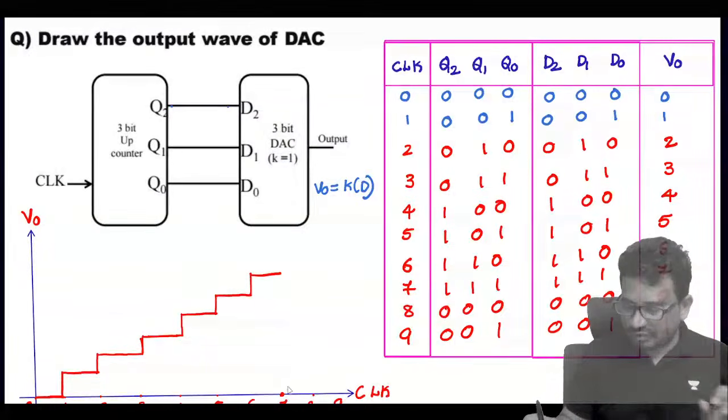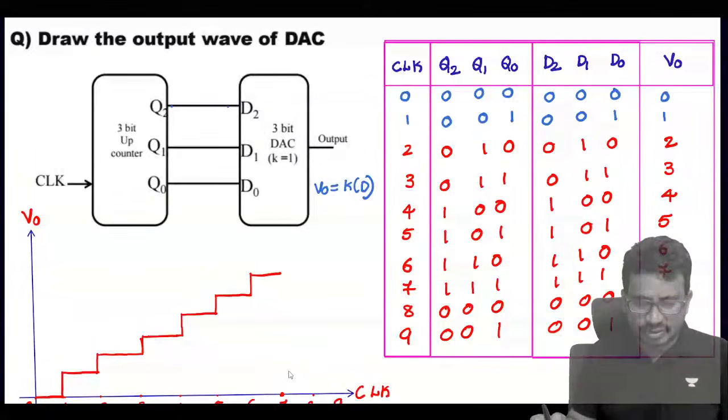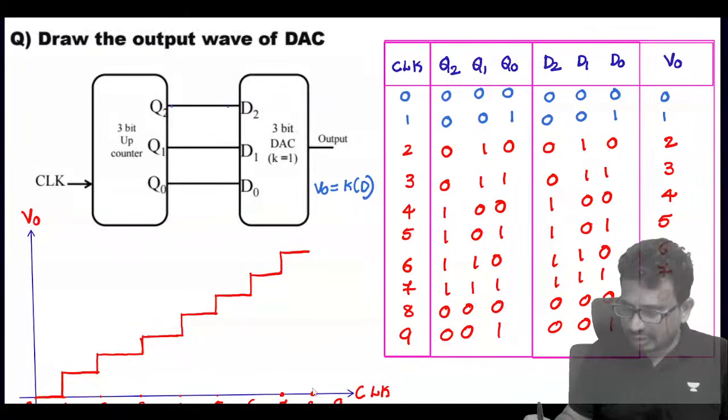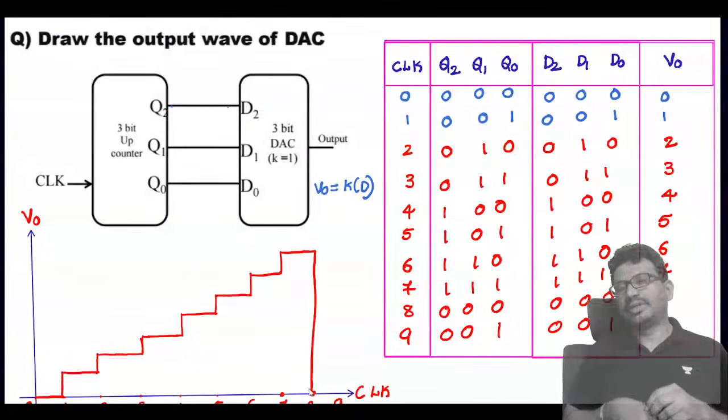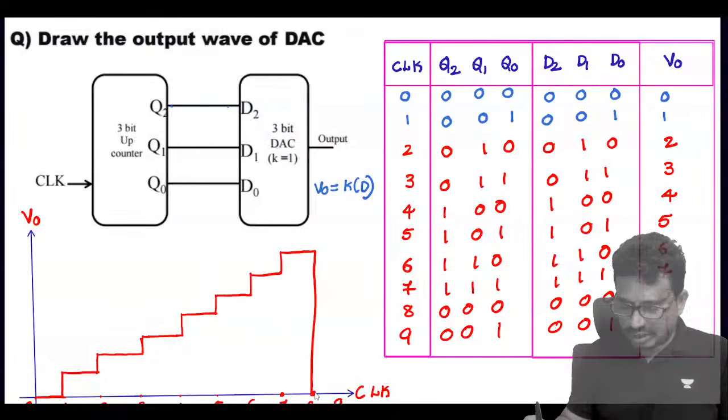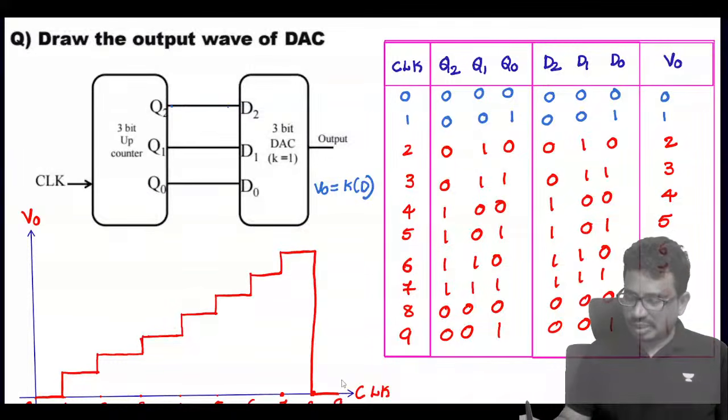Now we got 7. Thereafter, what happens? You tell me, after reaching this, in the 8th clock what happens? The moment the 8th clock comes, it will immediately fall down completely. Its value will become 0. Then the 9th clock, which is like this, again becomes 1.